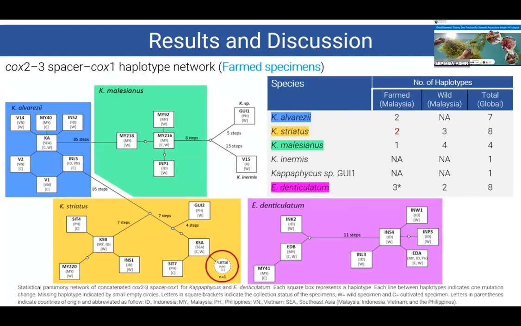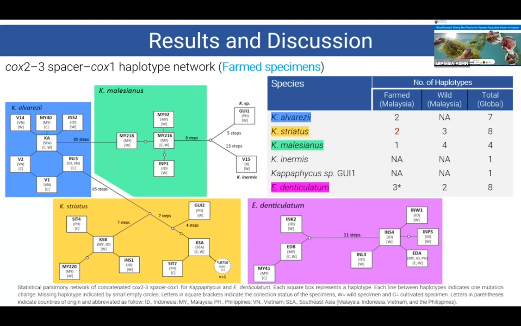The results have shown so far 2 haplotypes of Kappaphycus alvarezii, 2 haplotypes of Kappaphycus striatus, 1 haplotype of Kappaphycus malaysianus, and 3 haplotypes of Eucheuma denticulatum have been farmed in Malaysia. This also indicates the very limited genetic diversity within cultivars.